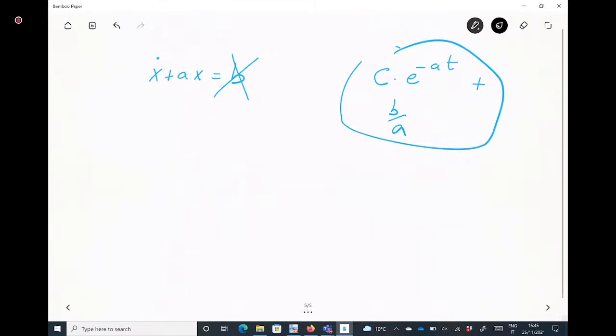So suppose that we want to solve this system: x dot minus 1/2 x is equal to t minus 3.